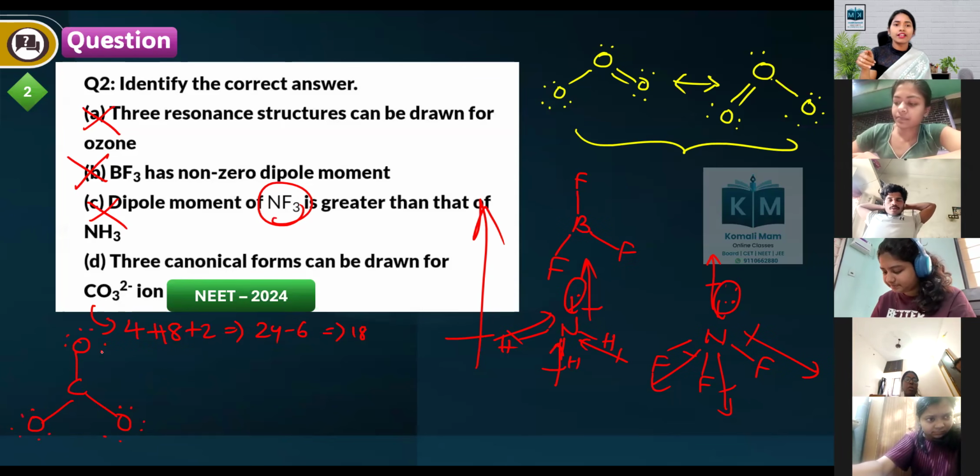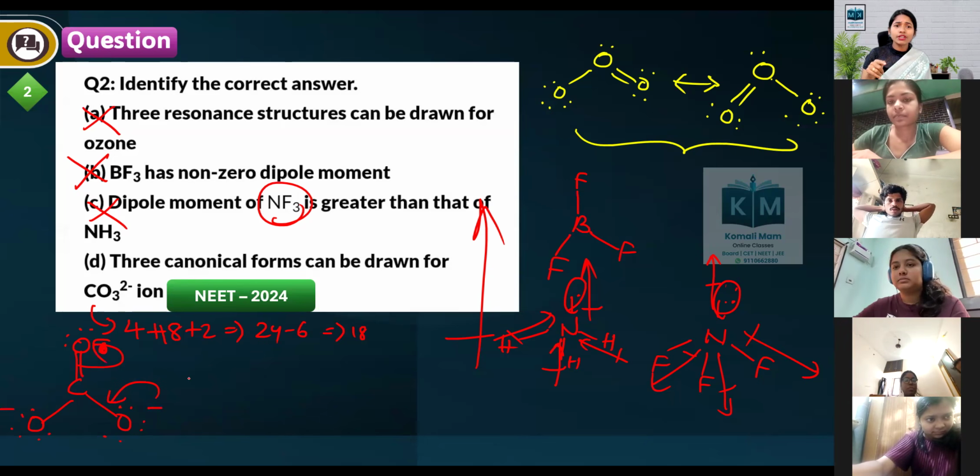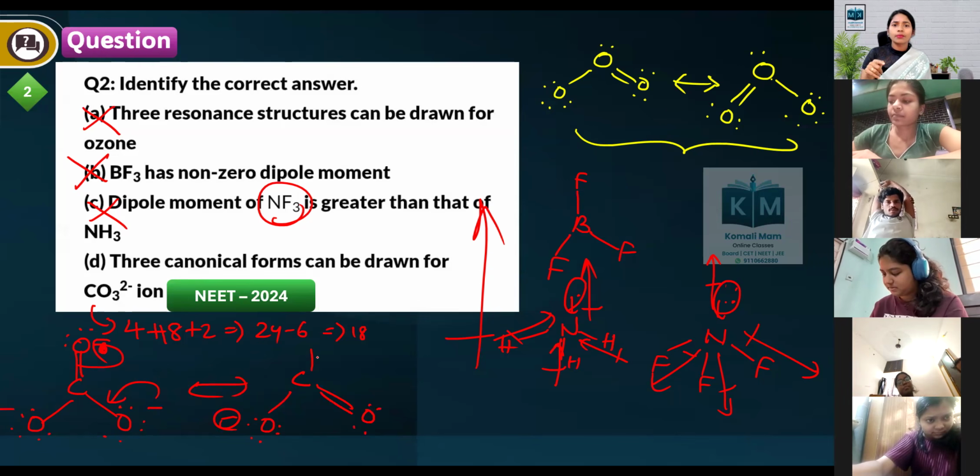But the central atom octet is not satisfied, so I shifted a lone pair. Now once these two shift, we get a structure like this, and we get a structure like this.